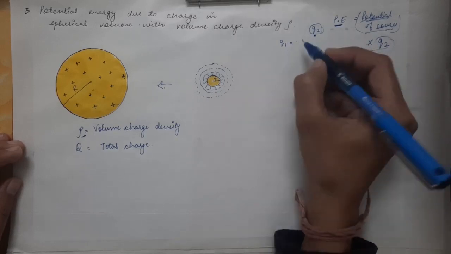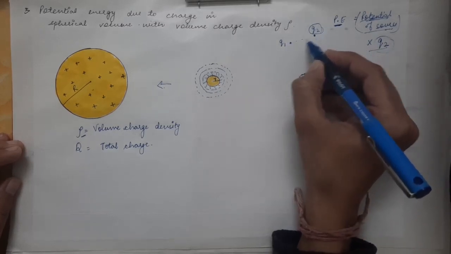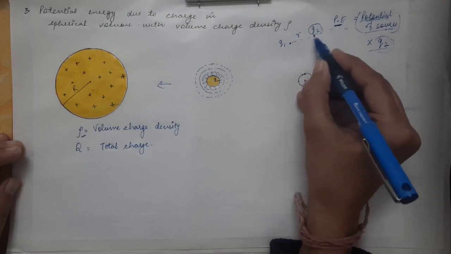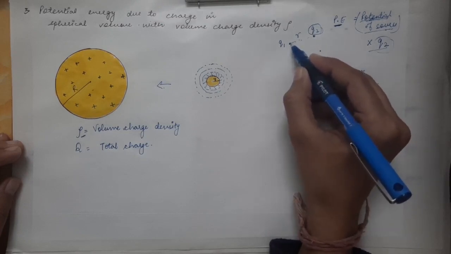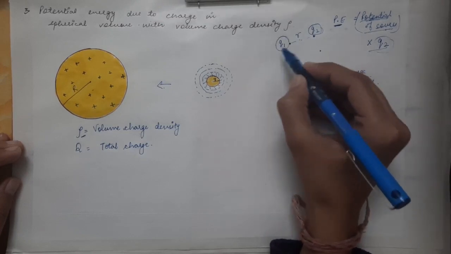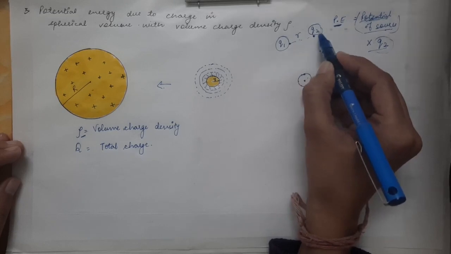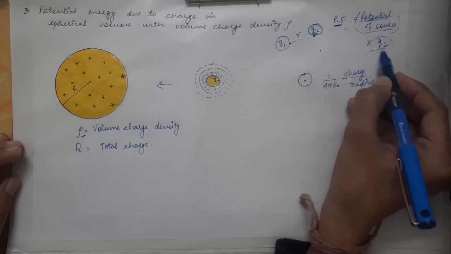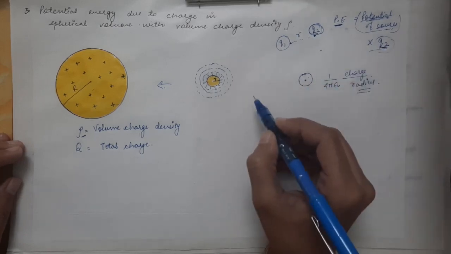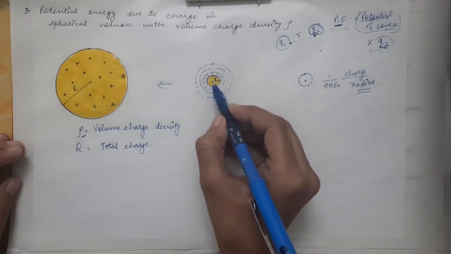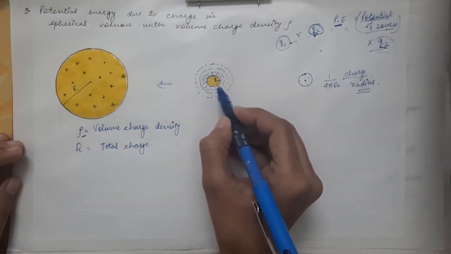So here the charge Q2 was placed, let's say, at a distance of r from the source charge. So we found the potential of the source charge at this point where the charge Q2 was to be placed. Then we multiplied that potential with Q2. So we will also use the same formula over here. The source charge over here is this yellow small sphere.